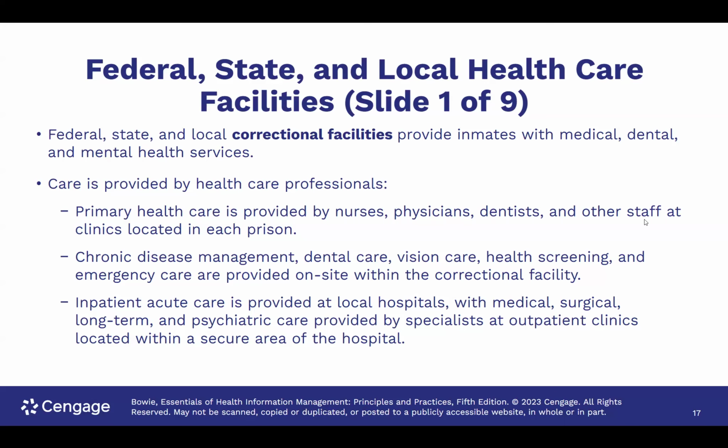A colleague of mine actually was a medical records director at the correctional facility in Vacaville, which dealt with inmates in the California state penal system who needed acute hospital care. And the entire facility was filled with inmates who needed that type of care.